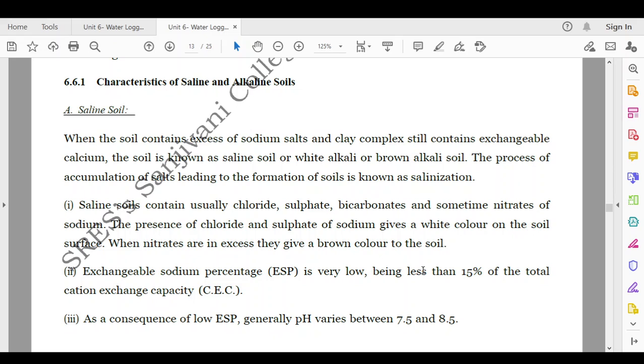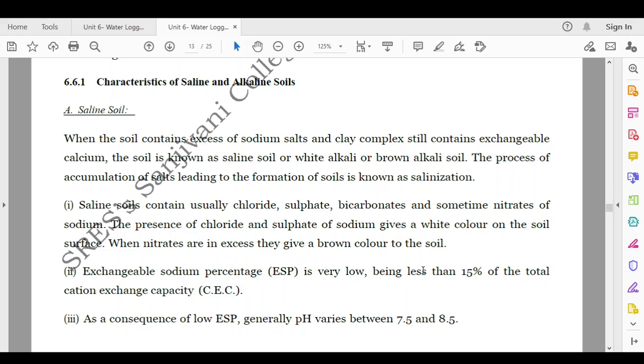Then the characteristics of saline and alkaline soils. First of all, we will see the characteristics of saline soils. When the soil contains an excess of sodium salts and the clay complex still contains exchangeable calcium, the soil is known as a saline soil. The saline soil is one which has an excess of sodium salt. It is also known as white alkali or brown alkali soil.